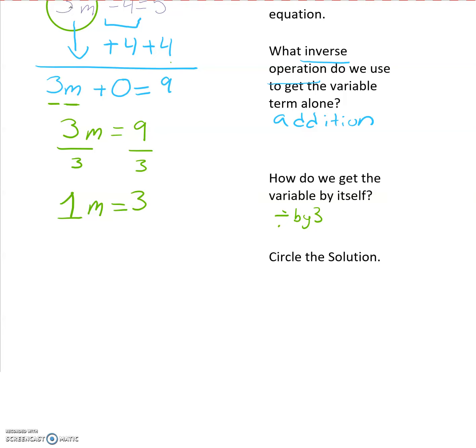Now, if you're comfortable leaving that 1 in front and it helps remind you there's only one m, that's perfectly fine. For most people and in most cases in math, we just write that variable by itself, m equals 3. And then what do we do at the end when we're done with our solution? Put a big old circle around it so that we know that's the final solution.